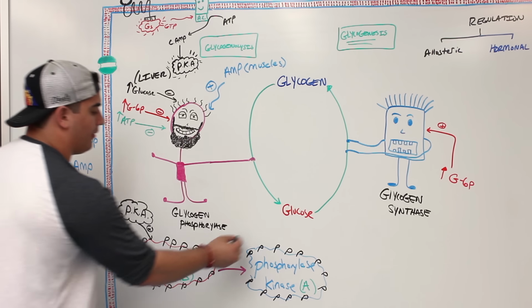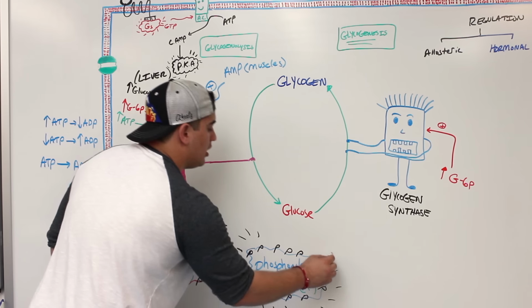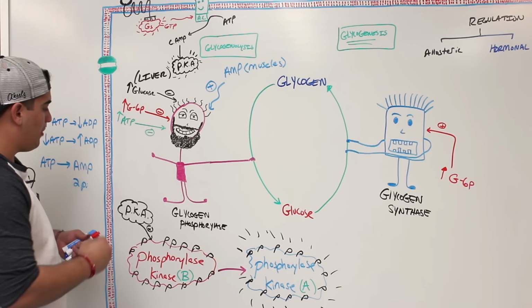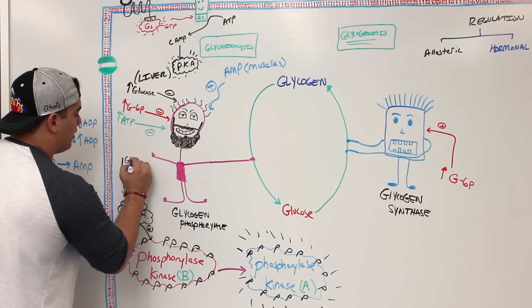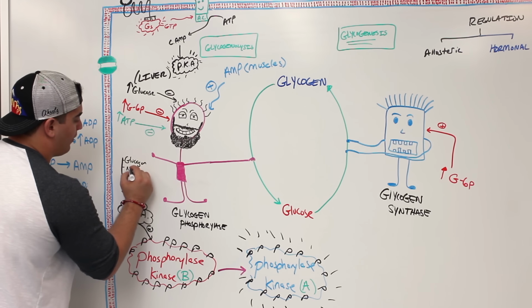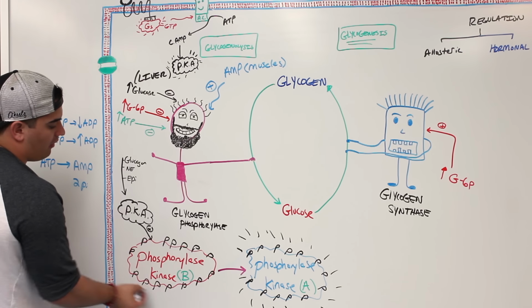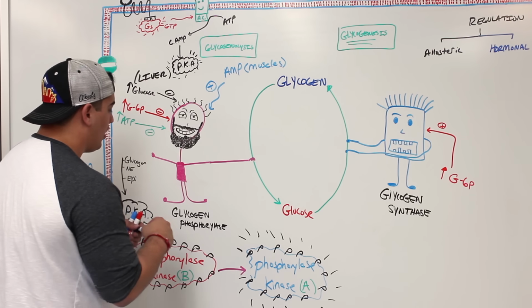So now he is active. Okay? And again, who is doing this? Specifically, protein kinase A. So protein kinase A, which is coming from what? Coming from glucagon stimulus, or norepinephrine stimulus, or from epinephrine stimulus, is going to activate phosphorylase kinase B and turn him into phosphorylase kinase A.